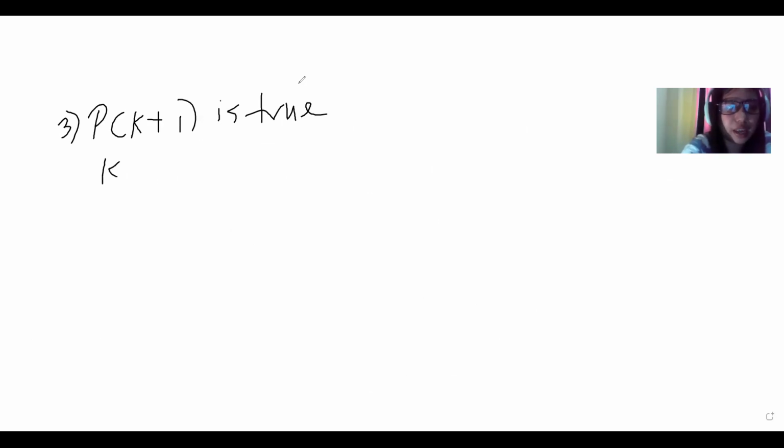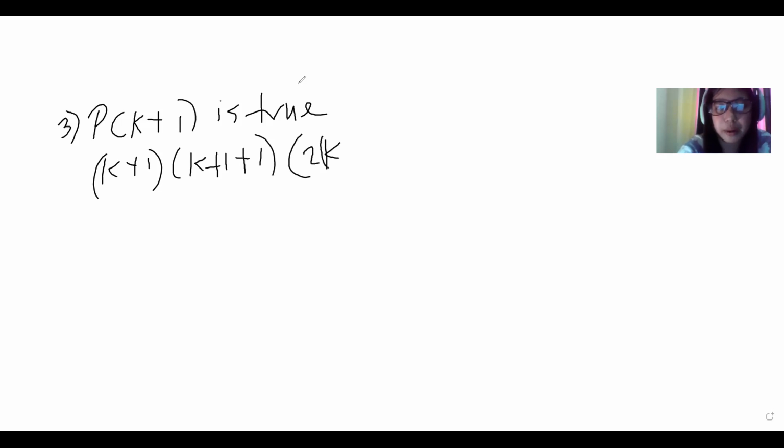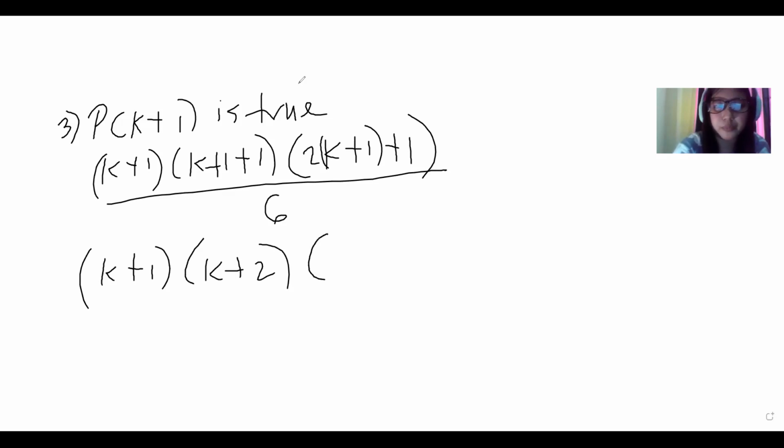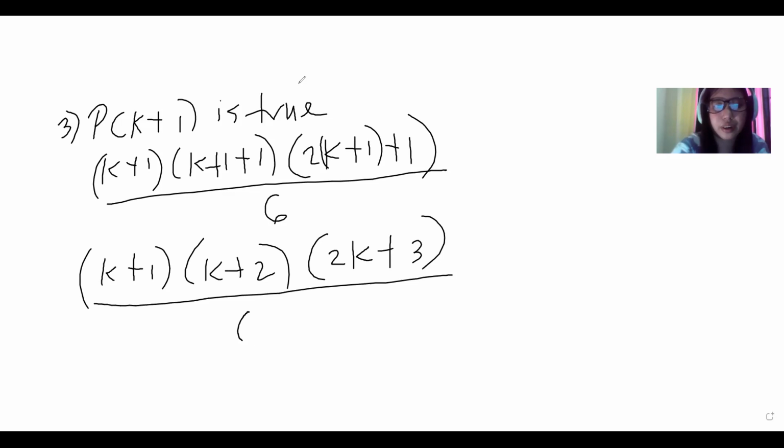So that is k plus 1 times k plus 1 plus 1, and 2 multiplied by k plus 1 plus 1, over 6. Simplifying further, this is k plus 1, k plus 2, and 2k plus 3 over 6.